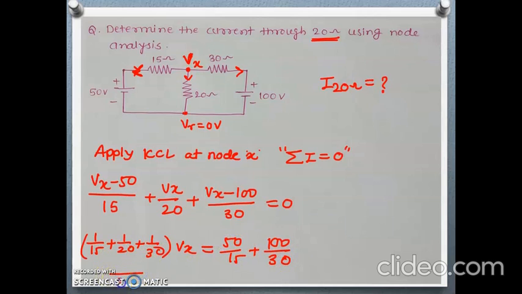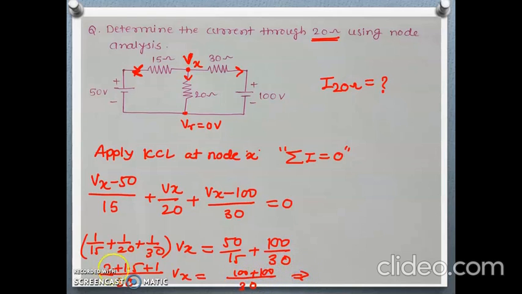So take the LCM of 30: this will be 2 plus 1 plus 1.5, and on the right side 100 plus 100, all over 30.